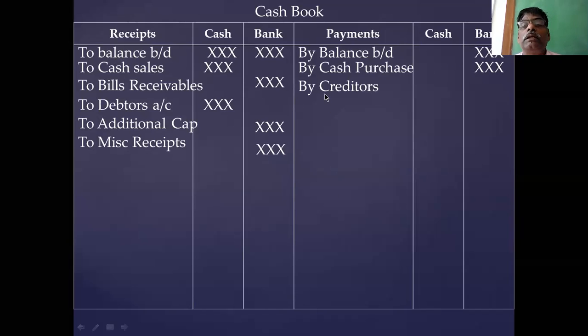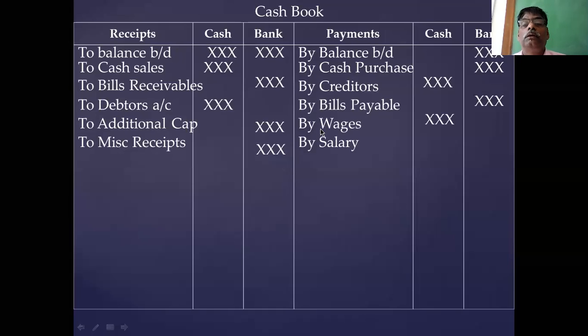Then next is cash paid on bills payable. Next, wages paid. Then salary paid. Next, advertisement expense paid. Next, drawing.